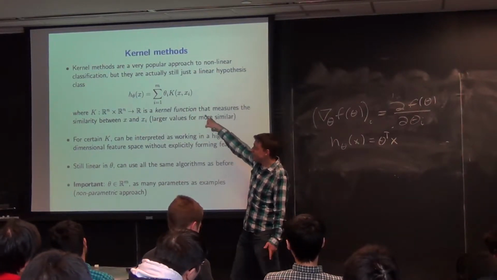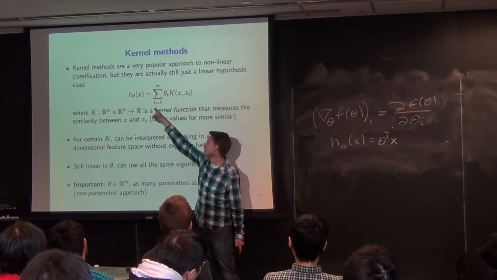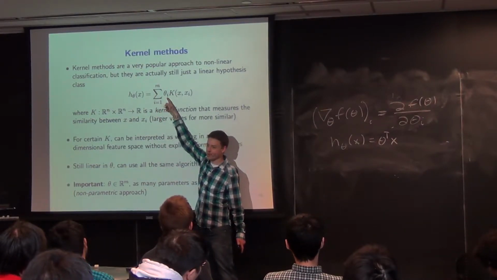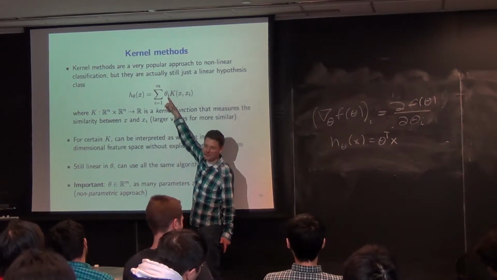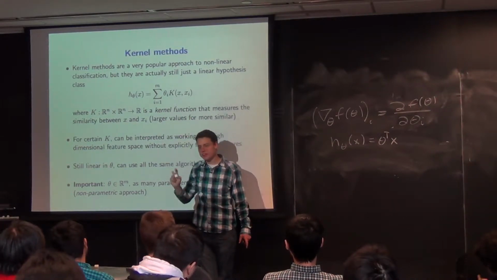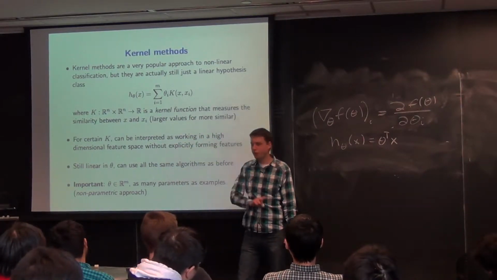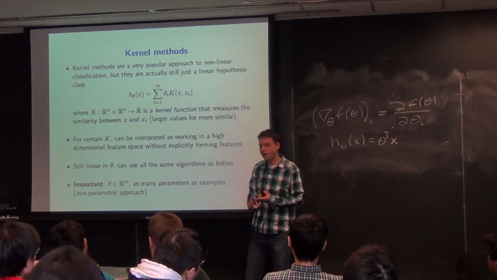And in fact, this is a linear function too, right? This is also a linear hypothesis space because it's linear in our parameters theta. What that means is we can use all the exact same algorithms as we did before to optimize them. So we can use convex methods.